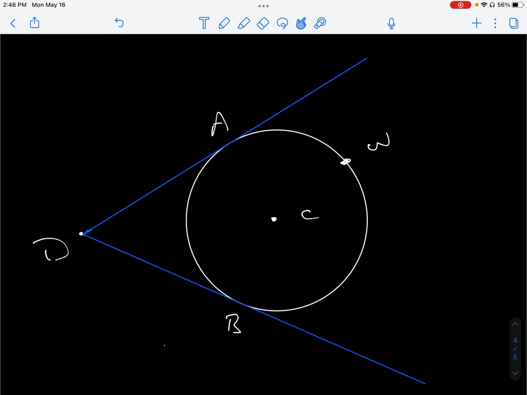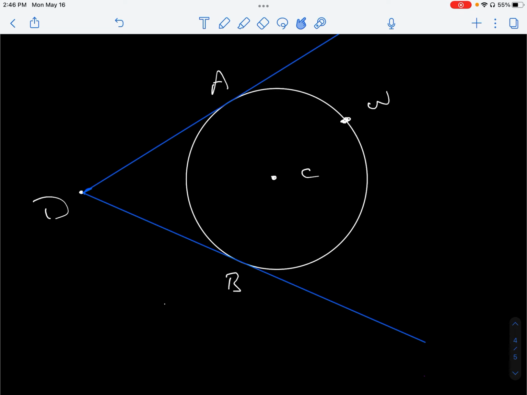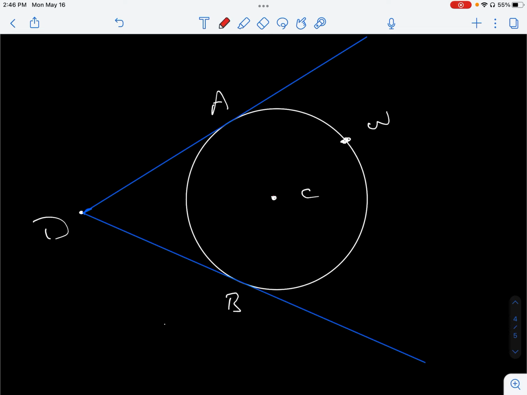Now let's take it a little more complicated. Here we have angle D formed on the outside of the circle with two tangents, and we want to solve. Well, we know that from the center C to both tangents is going to be a right angle, and that's going to be radius r.